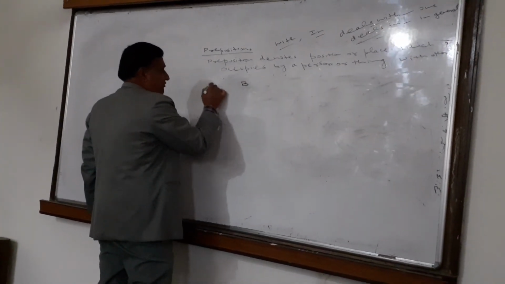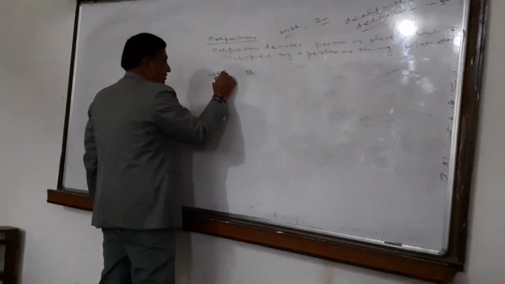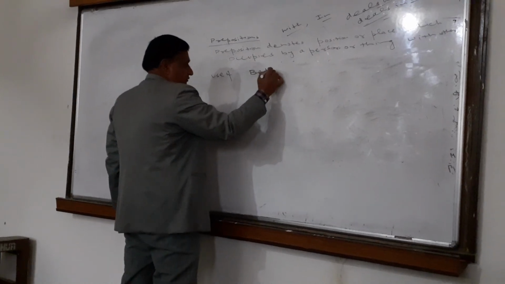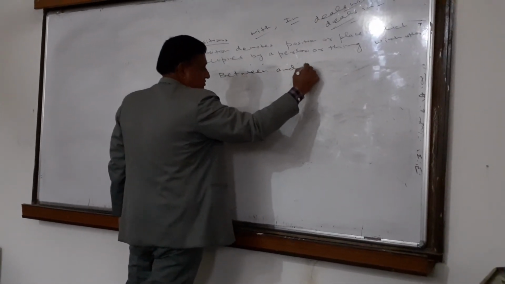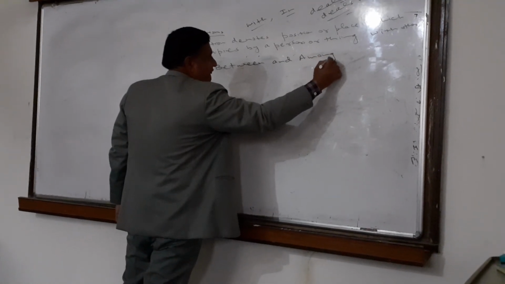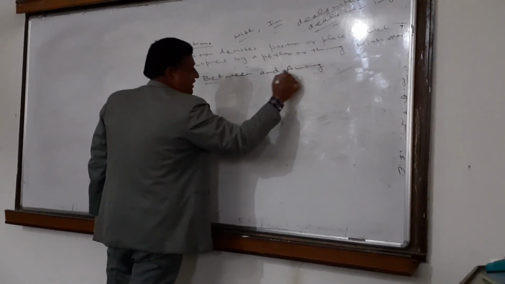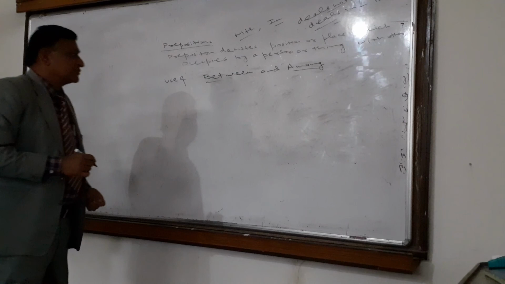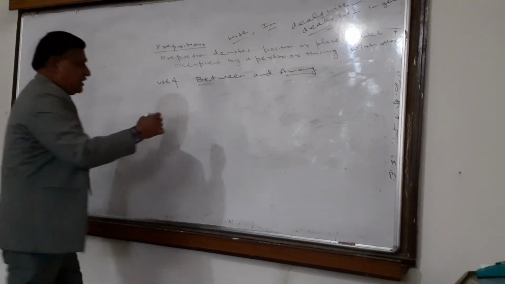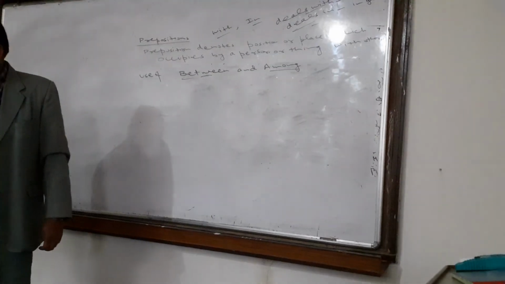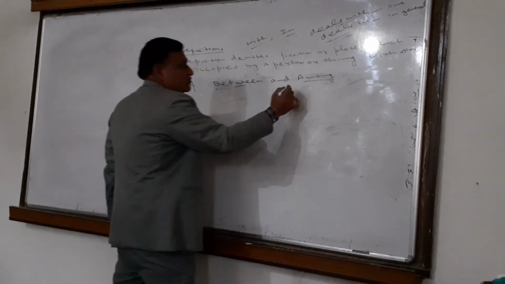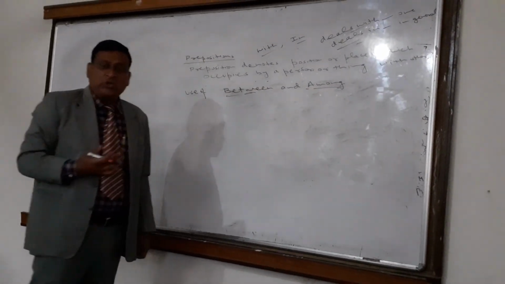Between, use of between and among. Between we usually use for two things. Among we use for more than two things.